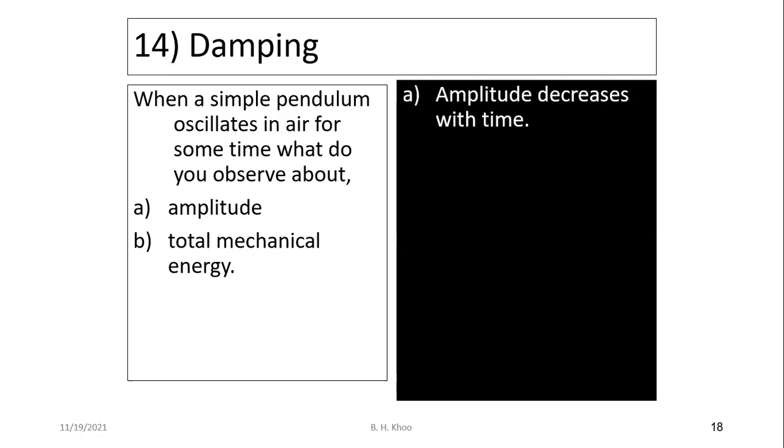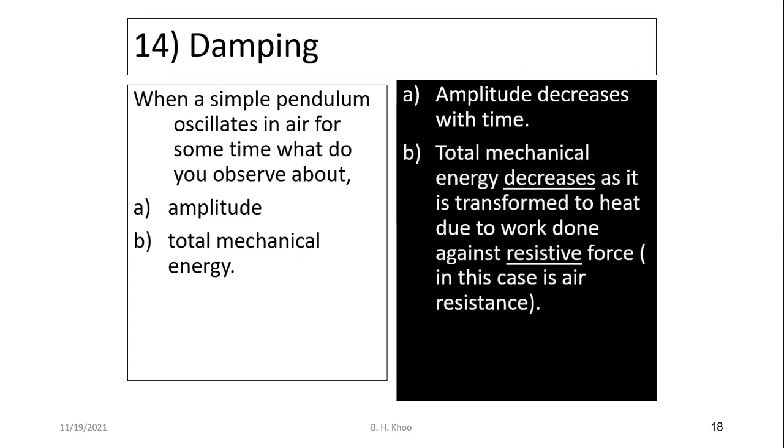Amplitude decreases with time. As it oscillates to and fro, amplitude becomes smaller and smaller until it stops completely. That's called damping. Right? So if amplitude decreases, then the total mechanical energy also decreases.